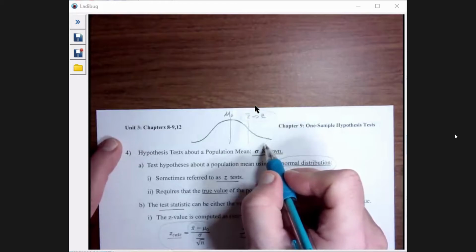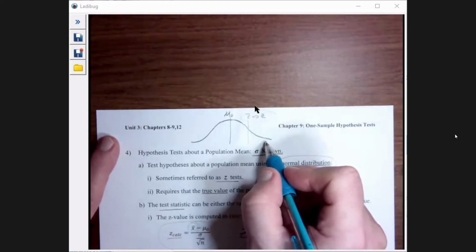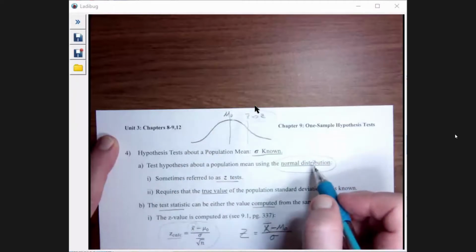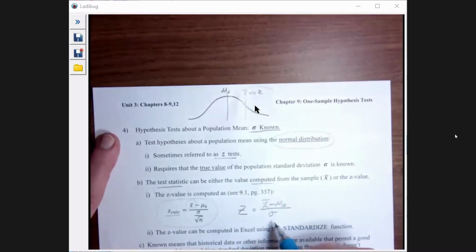Is it normal? No. What is it that I told you in the last chapter about every time you see one of these? It's a sampling distribution. What is the standard deviation of the sampling distribution? What do we call the standard deviation of the sampling distribution? Standard error.